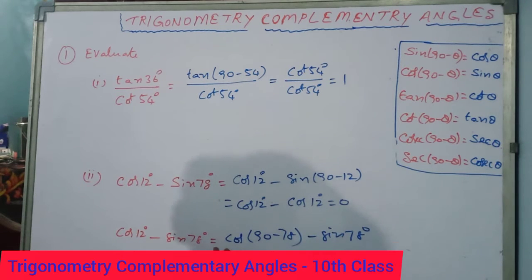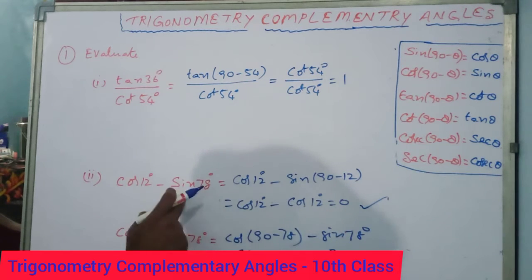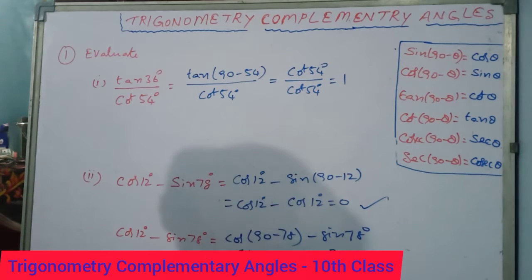Cos of 90 minus theta, what is the formula? Sin theta. So sin 78 degrees minus sin 78 is equal to 0. We can change either the first term or the second term; both give the same value.